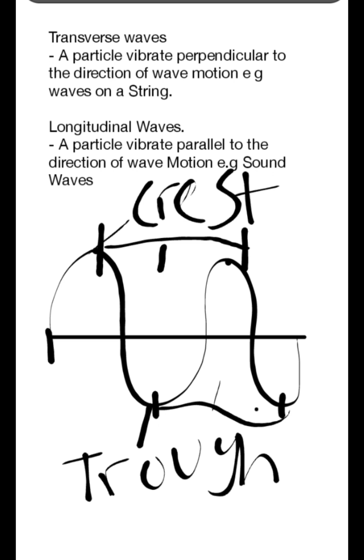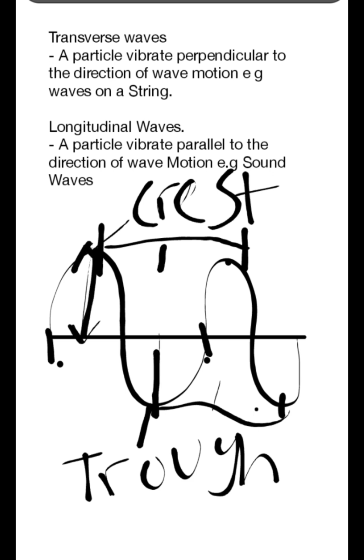Another thing which you should know also is the amplitude, which is just the maximum distance from equilibrium position. Amplitude can either be the distance from here to there, or from here to here. So that's just what we mean.